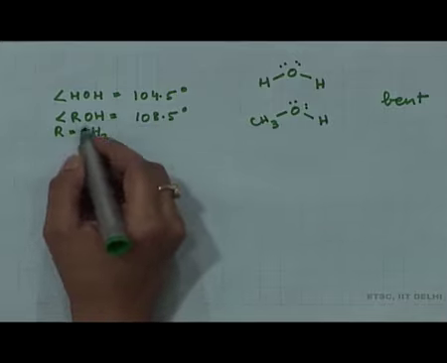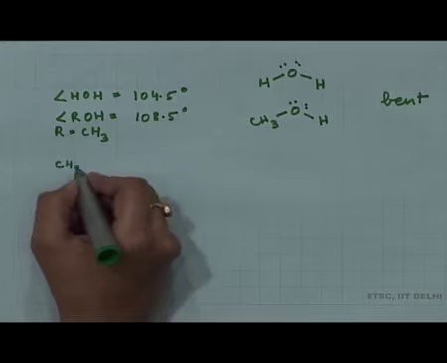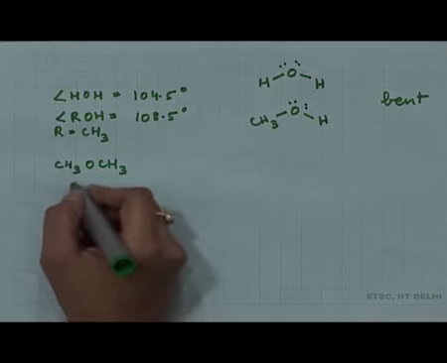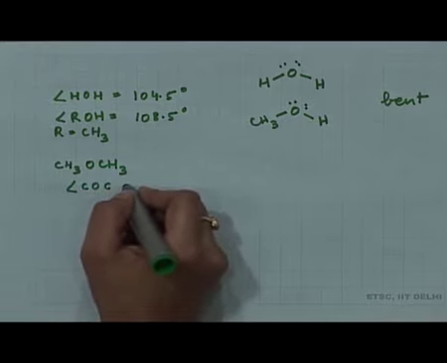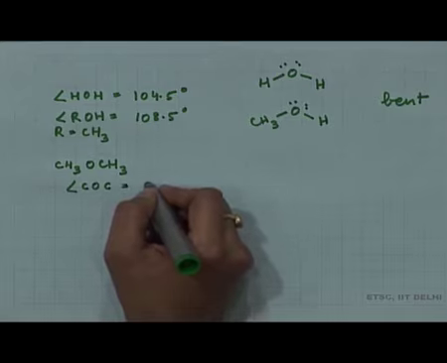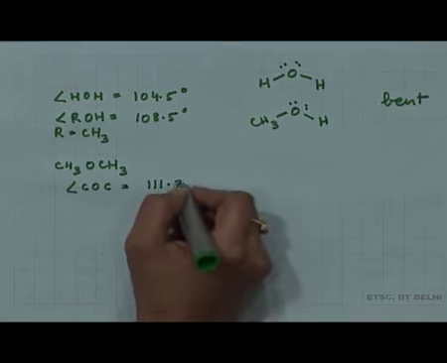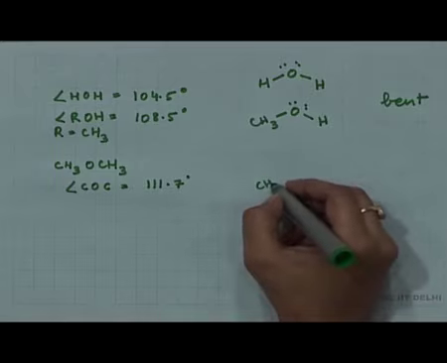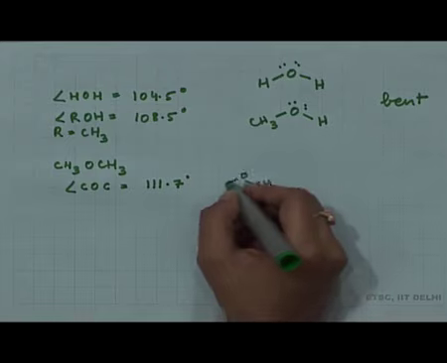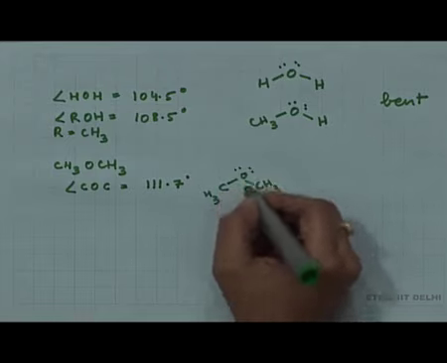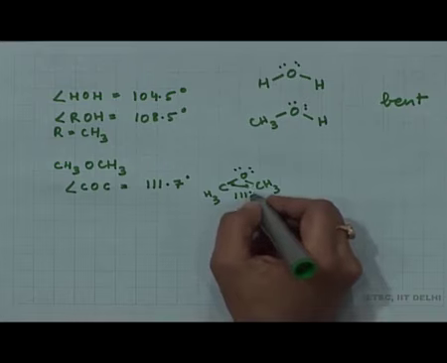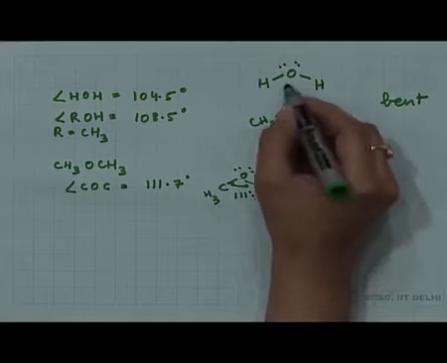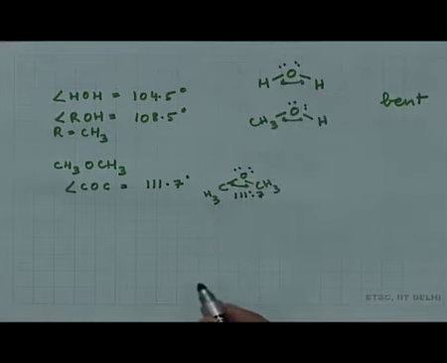When you replace both the hydrogens by methyl, and we are talking about dimethyl ether, then the COC bond angle is 111.7 degrees. You can see the change in the bond angles as you go from water to methanol to an ether.